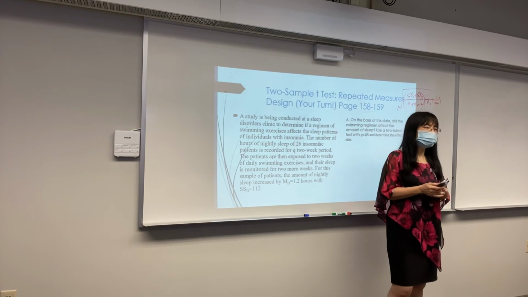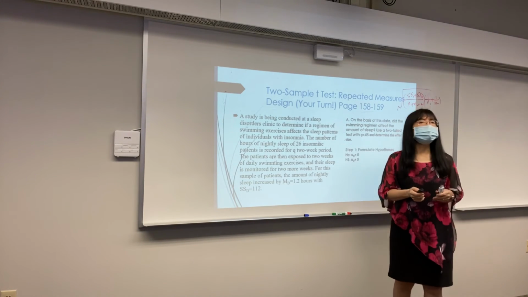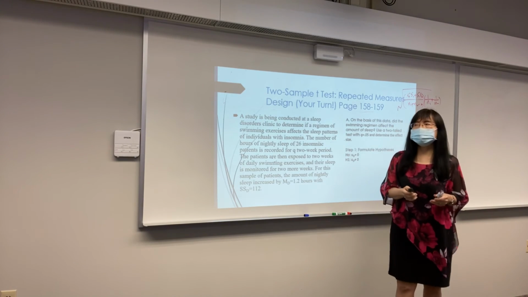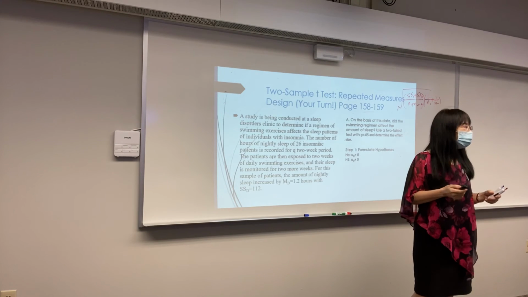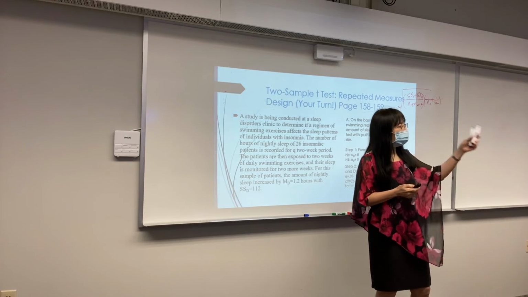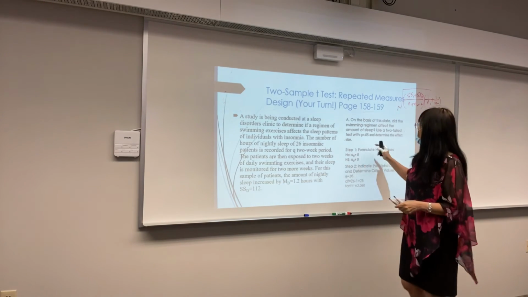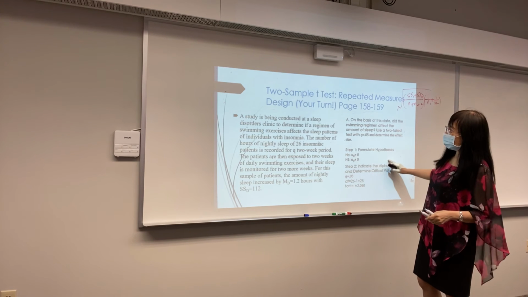Equals 0, not equal 0. Okay. Mu D equals 0 and mu D unequal 0. So that means I assume they are not different, but then I assume they are different. Then we put the alpha level 0.05.